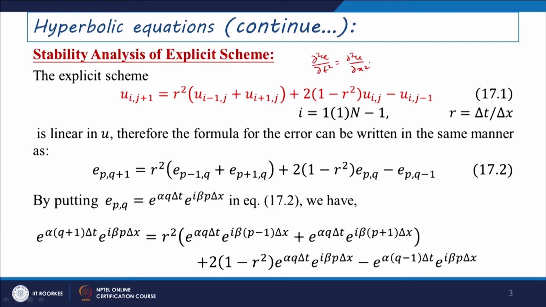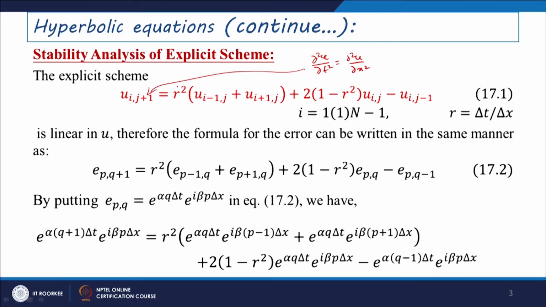Then the discretization equation at the j plus 1th level is written in the form of u i, j plus 1 equals r square times u i minus 1, j plus u i plus 1, j, plus 2 into 1 minus r square u i j, minus u i, j minus 1.